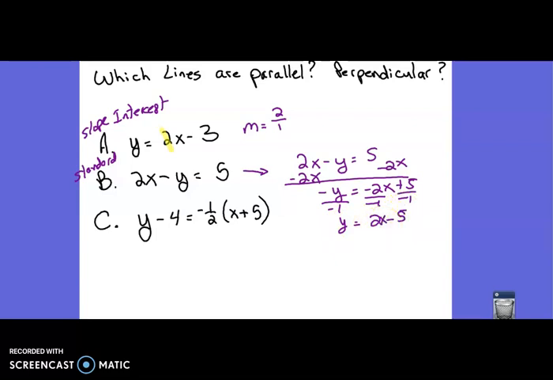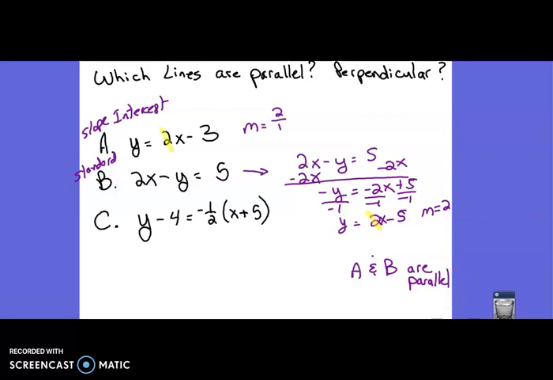Notice this also has slope 2. So m is 2. So I know A and B are parallel. Remember, parallel lines have the same slope.